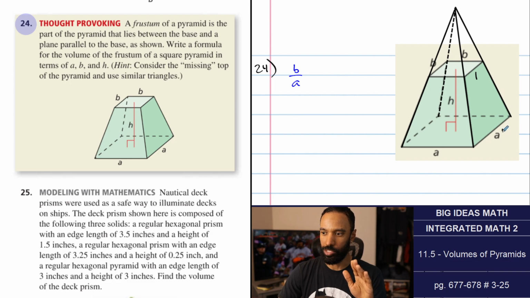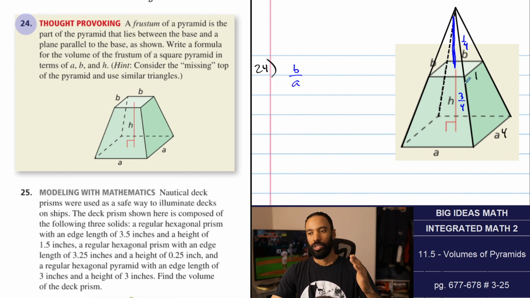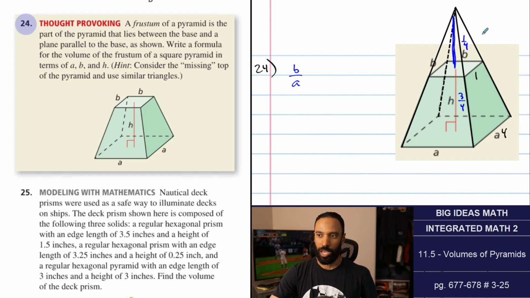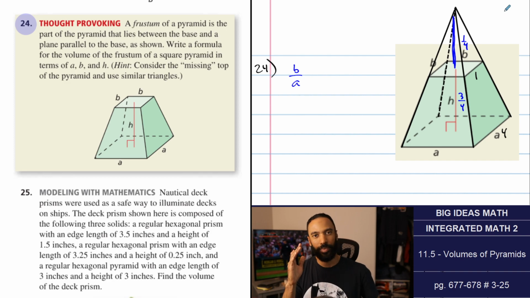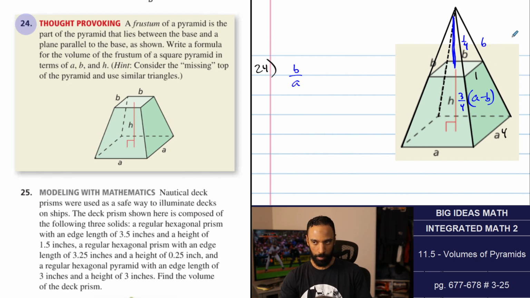If this is 1 and this is 4, whatever this whole thing is, I don't know the actual length, but if this is 1/4 of the amount, then this is 3/4 of the amount. That's what I said, right? So if this is b amounts of it, this is a minus b amounts of it.